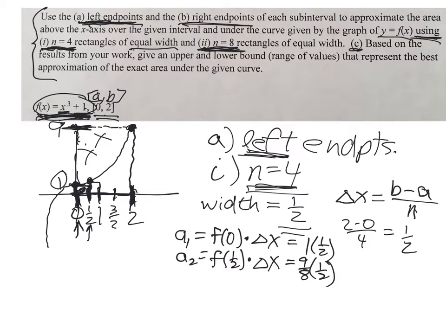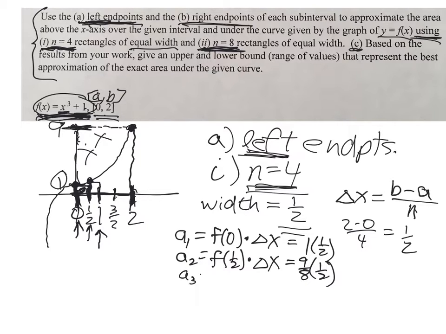Now the third subinterval, we'll finally see a little bit better on the picture. We're kind of real close to the curve itself on these first two, but the third subinterval, left endpoint, will be 1.